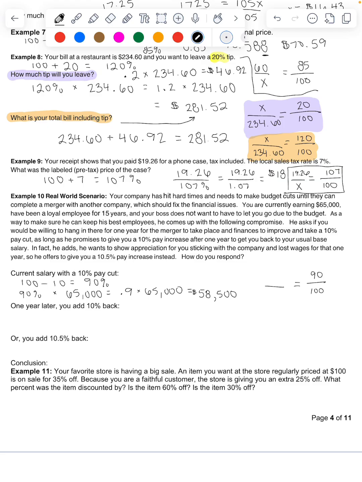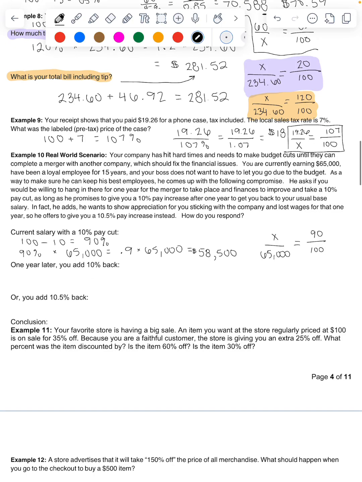If you wanted to set up a proportion, I would have 90 over 100 equal to, well, I'm looking for what the 90% salary is, what the decreased salary is. My current salary is $65,000. That's my 100% salary. 1 year later, I'm going to add the 10% back. Well, you are going to be so tempted to be like, well, we're adding 10% back, so that gets us to the original salary, which is literally what your boss said.